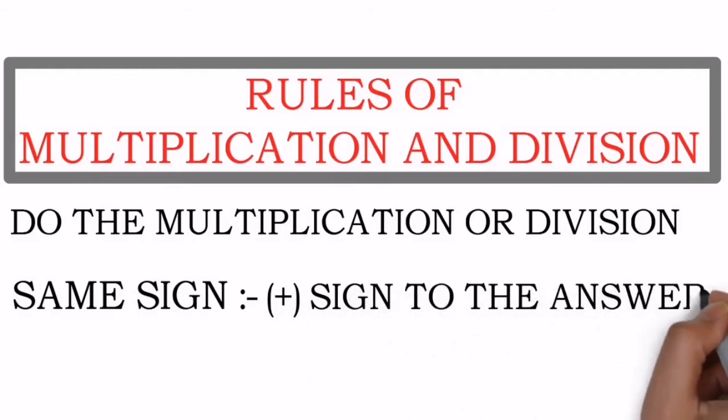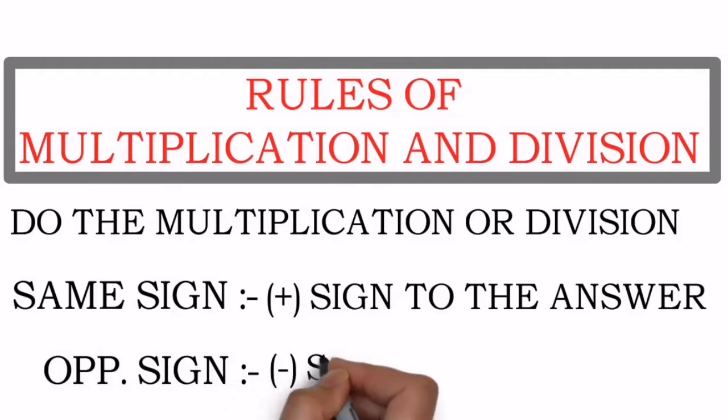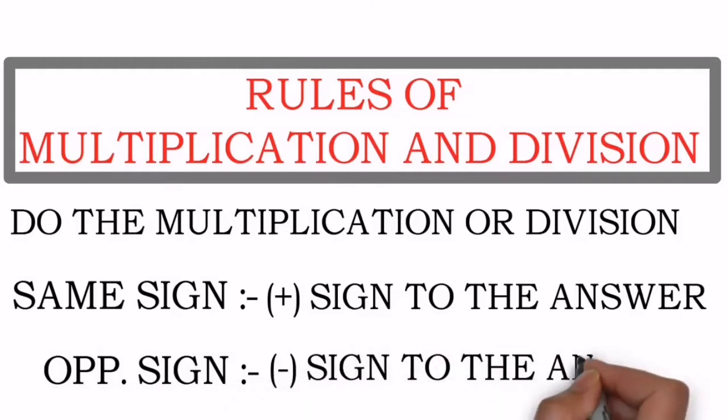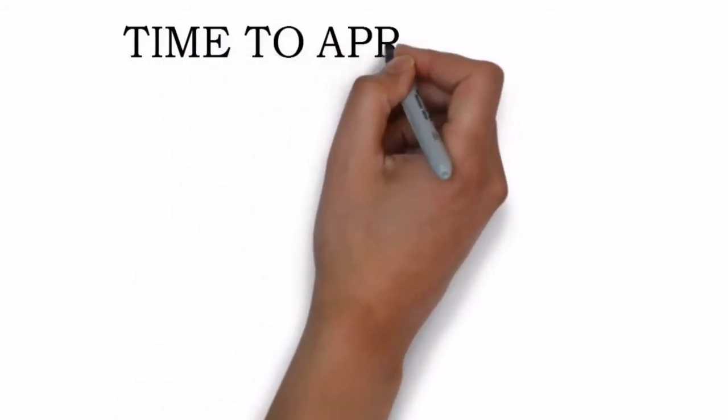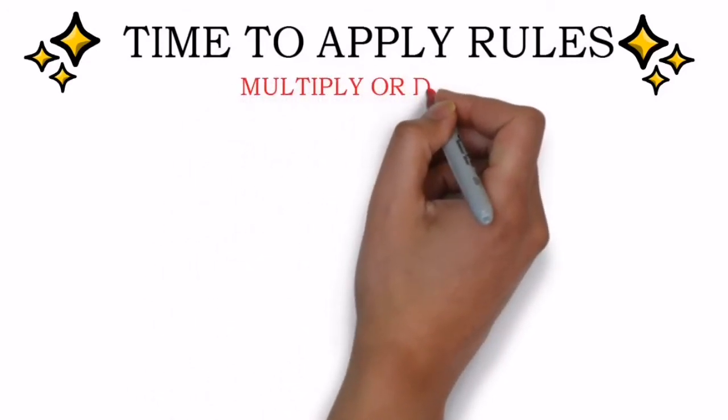And if the question has opposite signs, then we have to give a negative sign to the answer. Isn't it easier, boys and girls? So first step, do the multiplication or division. Then second step, check the sign of the question. If it is the same, then give a positive sign to the answer, and if it is opposite, then give a negative sign to the answer. So let's try some activity and apply these rules that we have made.